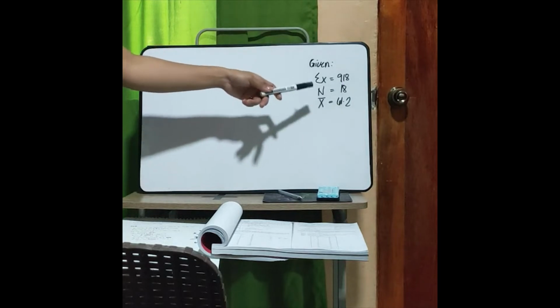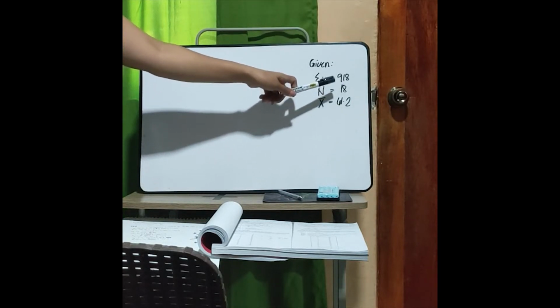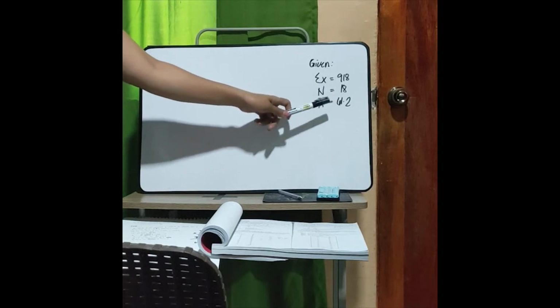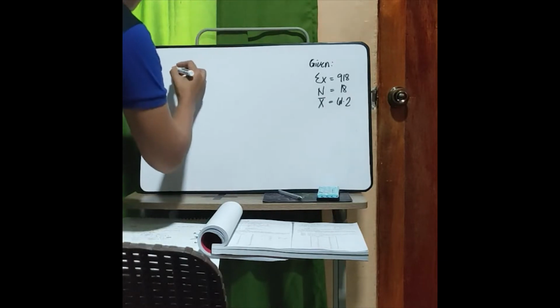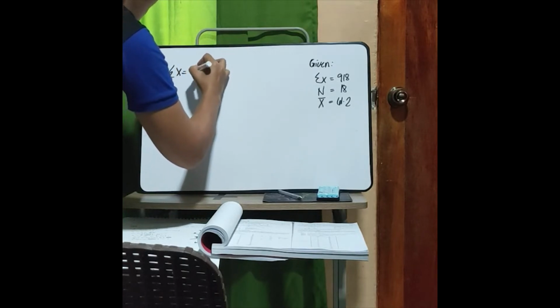Alright, so based on our computation, the summation of X is equal to 918, our N is 18, and our mean is 61.2. Alright, so to check if our answer is correct, we should bear in mind that the summation of X is equal to N times mean.